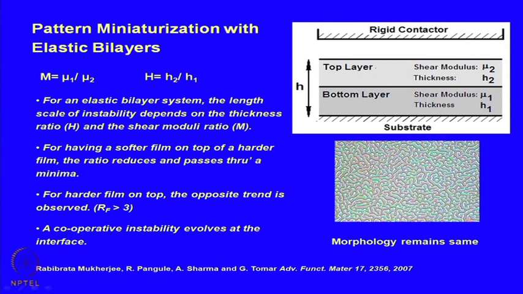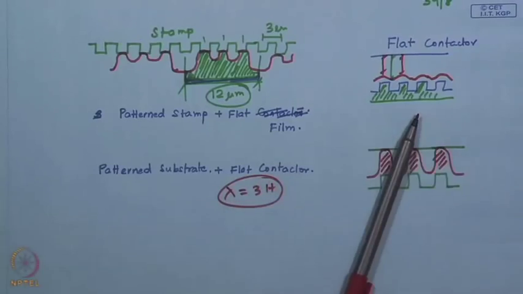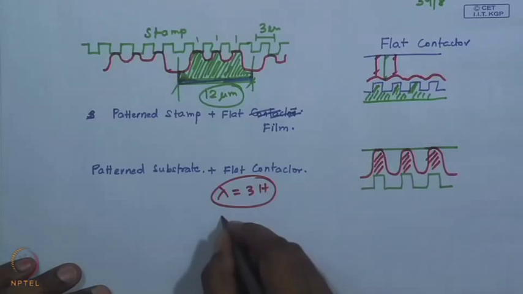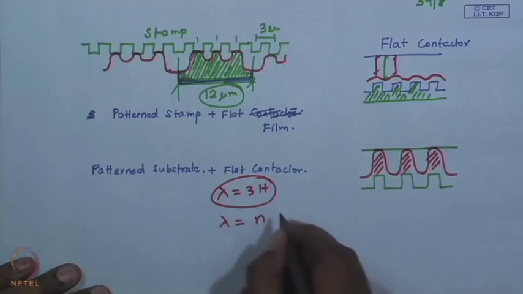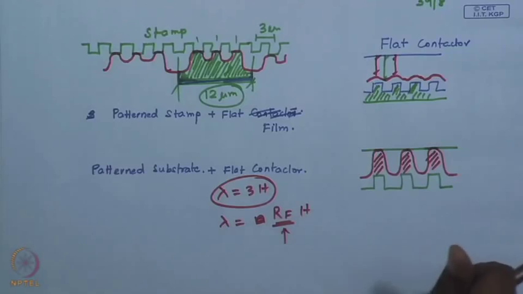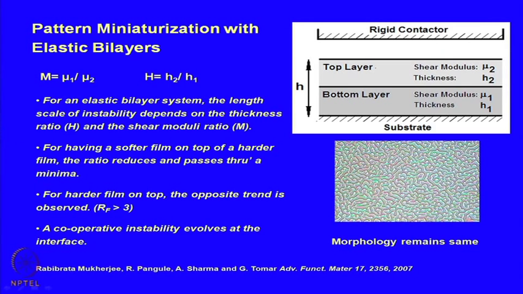The other interesting aspect is that you can tailor this lambda equal to 3/8 scaling by using an elastic bilayer, where this scaling now becomes lambda is a function of Rf into h, and this Rf can be tailored to any value between 0.5 and 8 depending on the configuration of the elastic bilayer, and it becomes a function of the ratio of the shear moduli of the two layers as well as the thickness of the two layers.